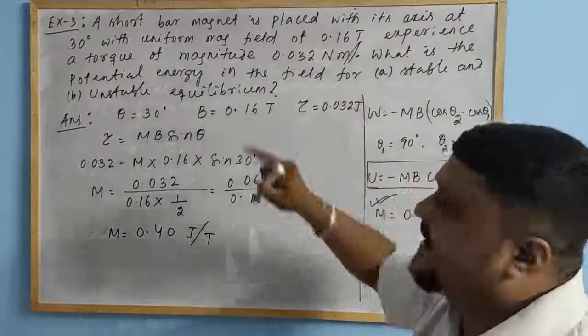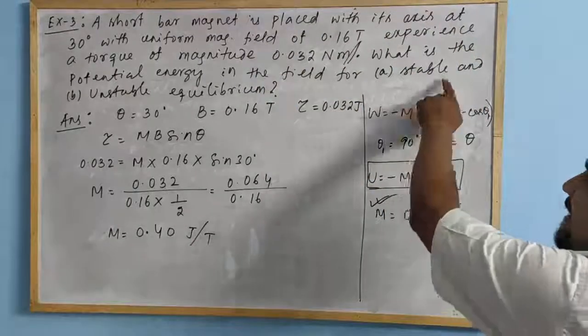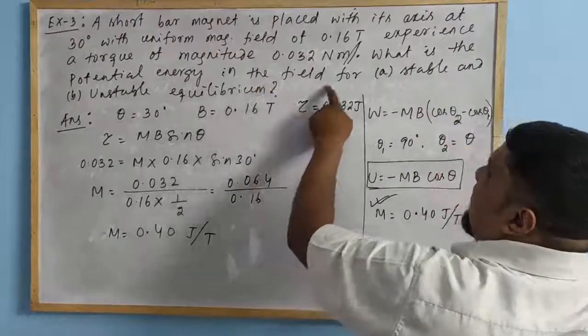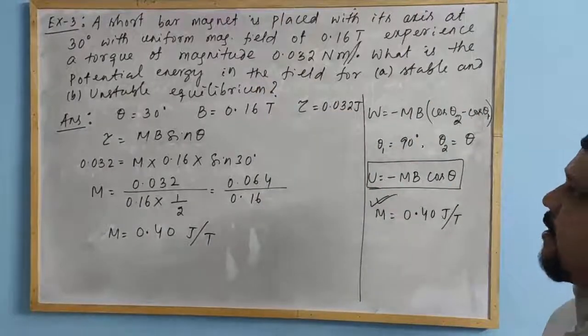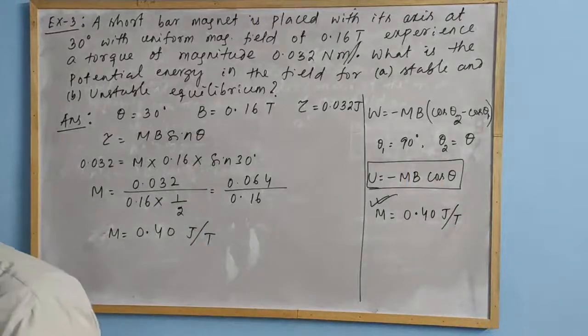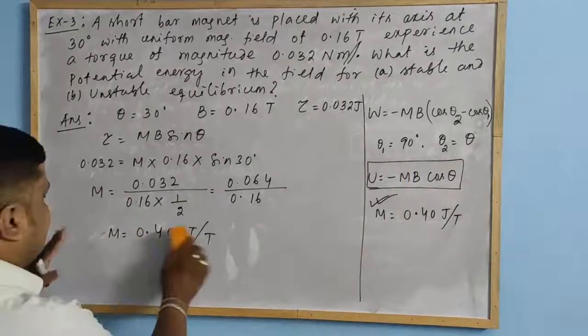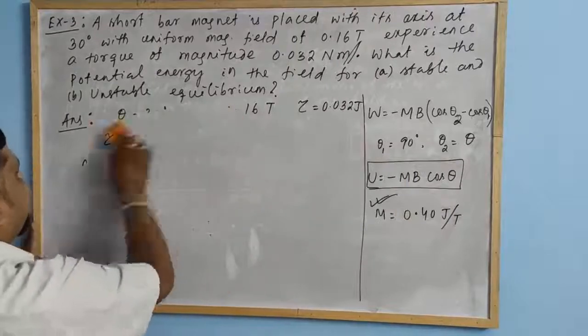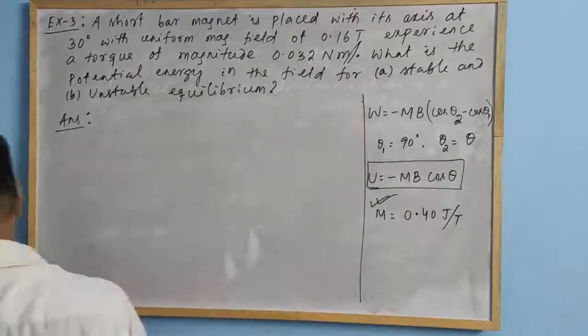Now come to the question part. What is the potential energy in the field for stable and unstable equilibrium?